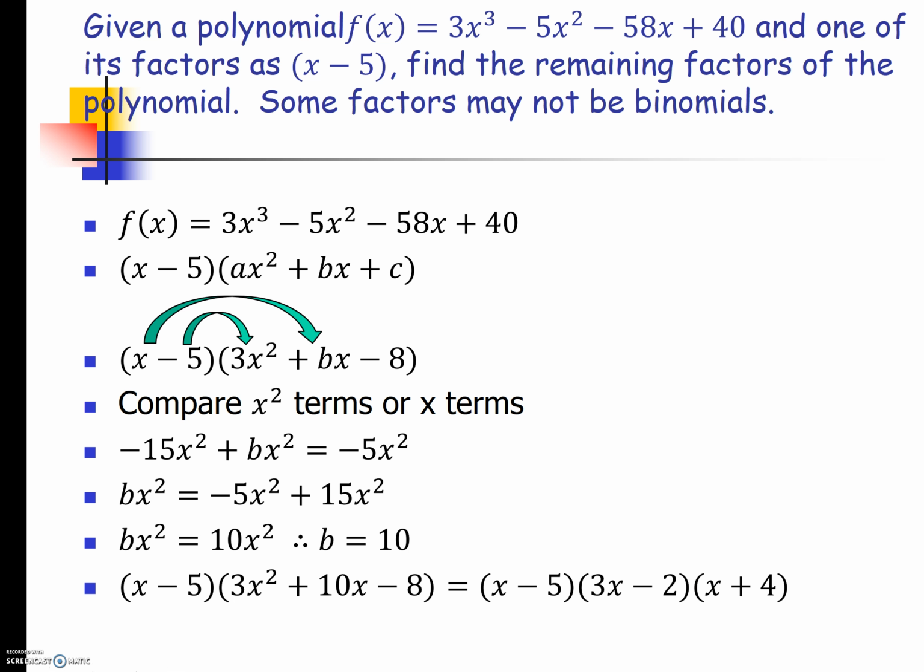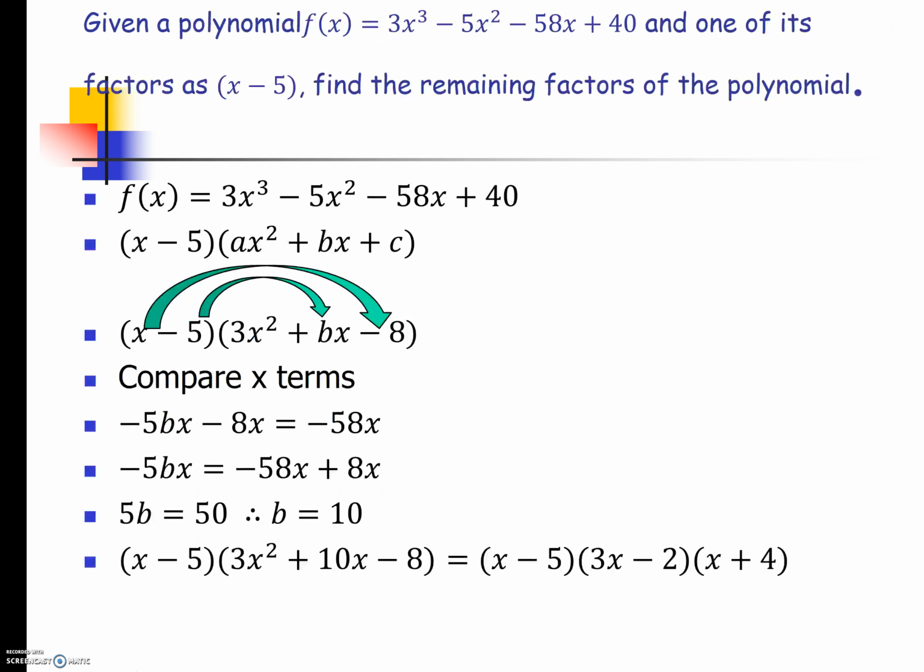As I told you earlier, you can also compare either with the x squared term or the x term. Let me show you if you compare with the x term. So minus 5 multiplied with bx is minus 5bx, and x has to be multiplied with minus 8, which will be minus 8x.